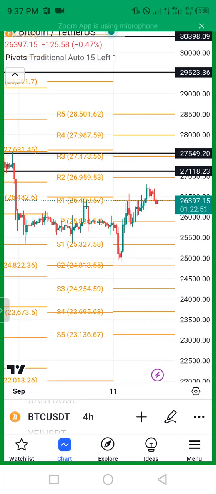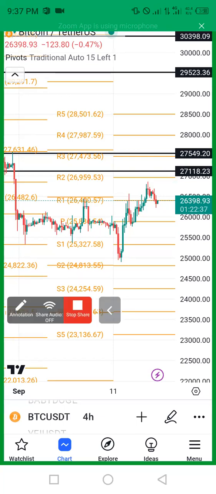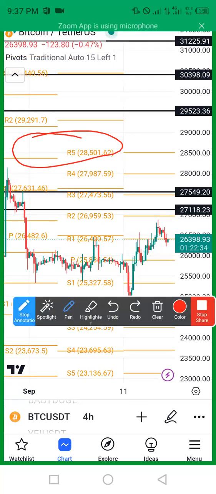We are going to see 3 things. We are going to see R, P, and S. R meaning resistance.